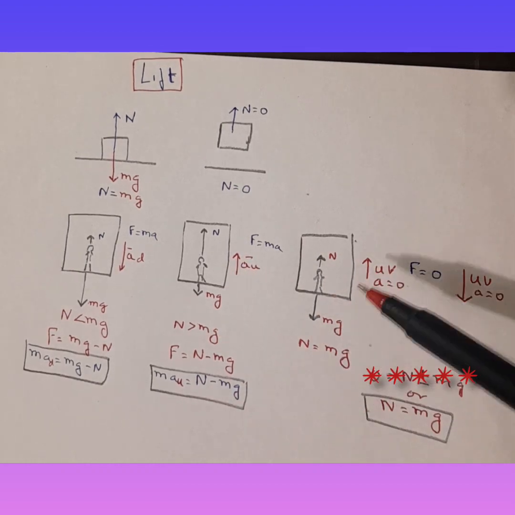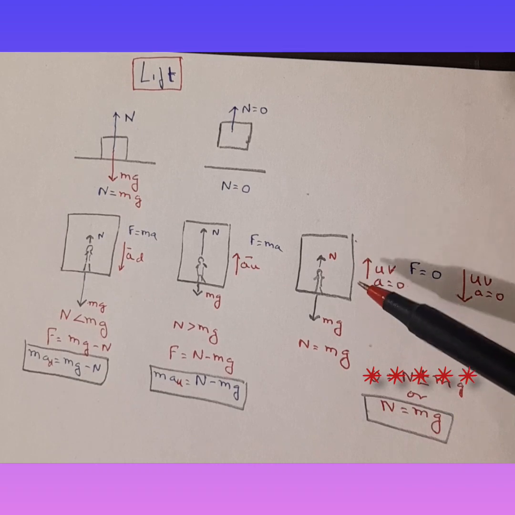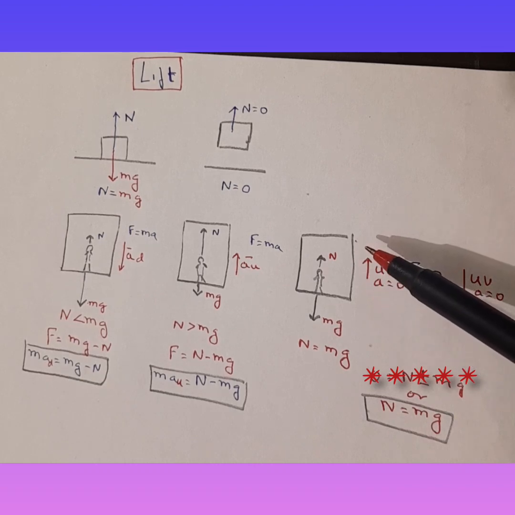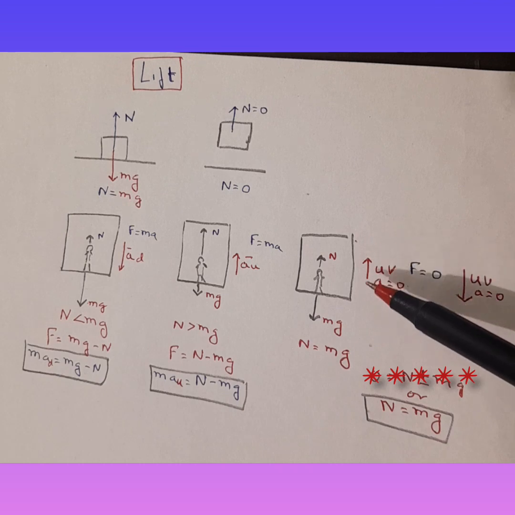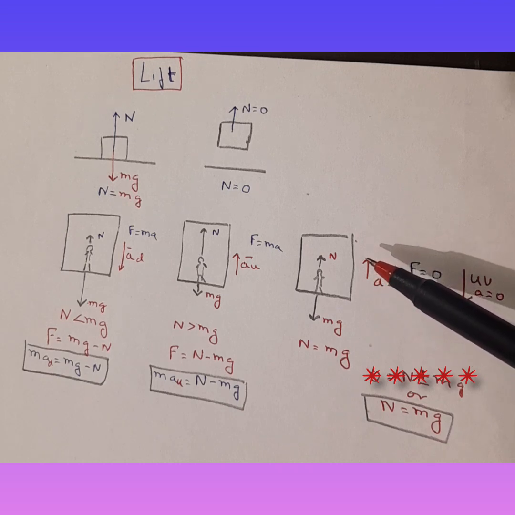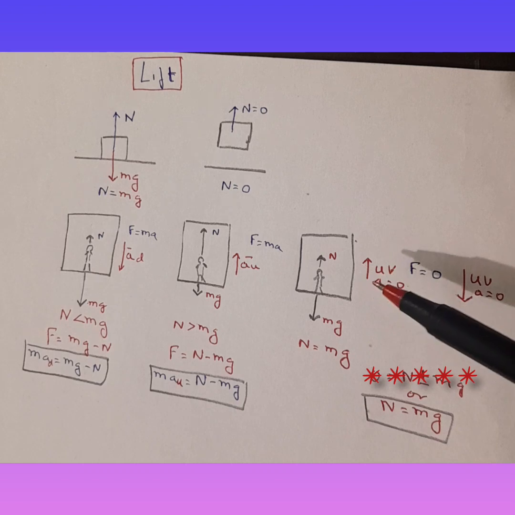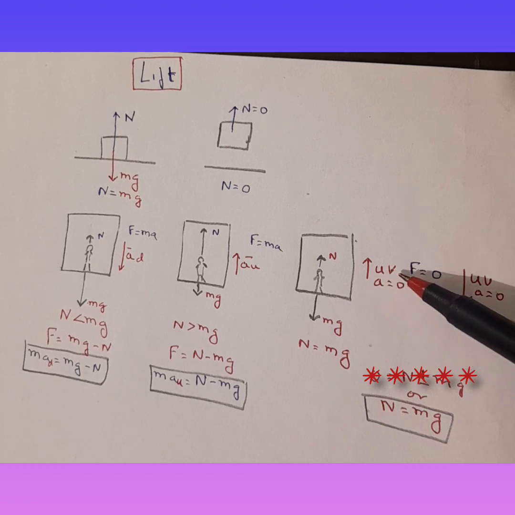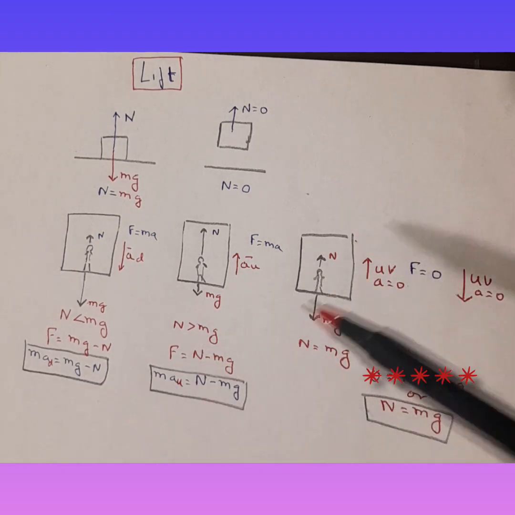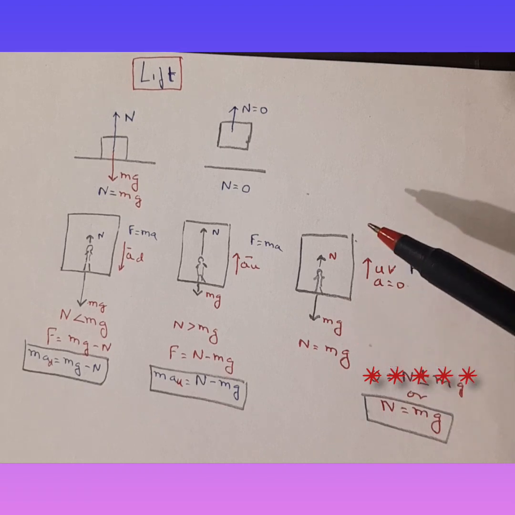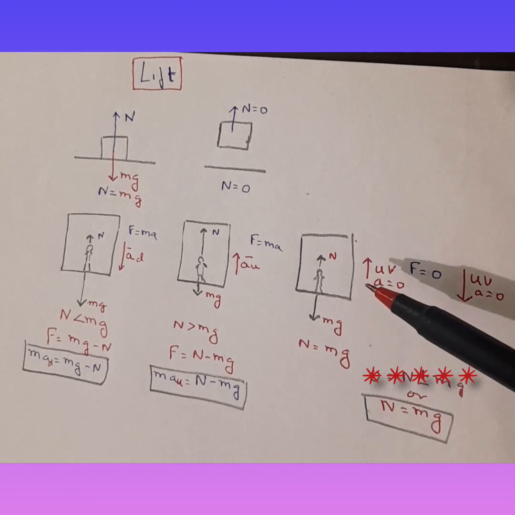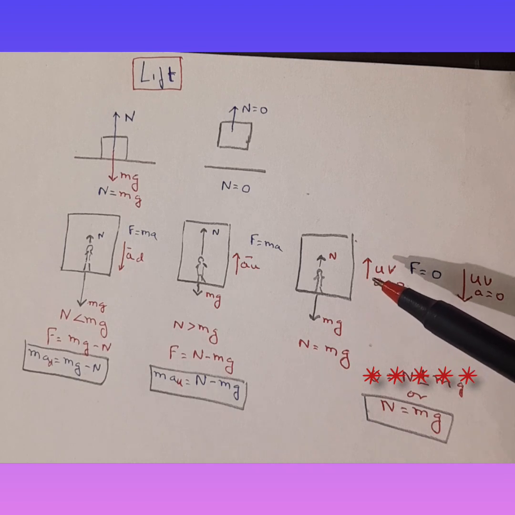Alright, so now what happens when the lift, assume that the lift is moving up with uniform velocity. When we say uniform velocity, we know the equation for acceleration is v minus u upon t. But if v is equal to u, then u minus u upon t is 0. So acceleration is 0. So whether the lift is going up or going down with uniform velocity, the acceleration is 0.